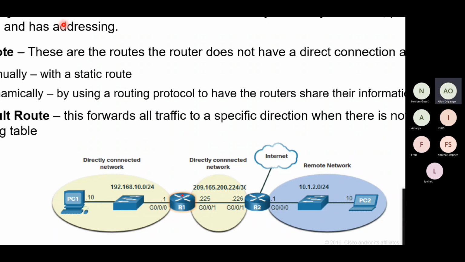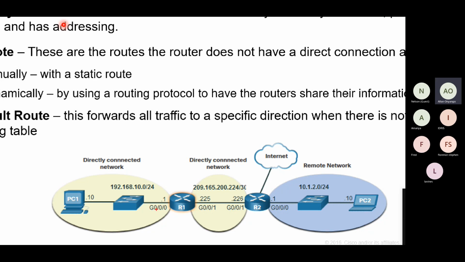The first thing I want to note is that the two networks directly attached to R1, this network and this network, are called directly connected networks.